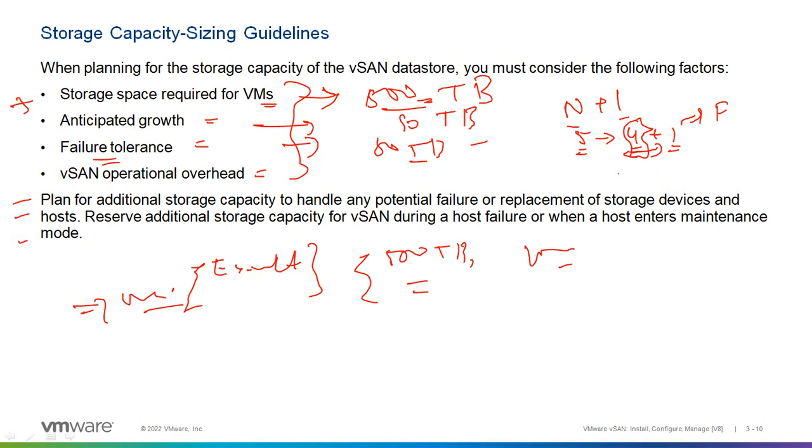If any of the 4 nodes fails, that will be maintained by this additional node. So this capacity I am reserving. That's a kind of reservation. Whenever any failure occurs, the rest of the storage will be maintained with this +1.